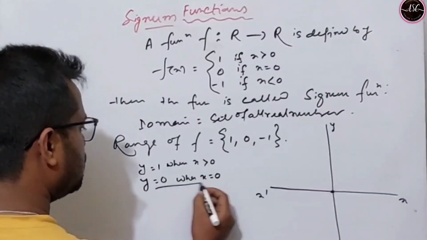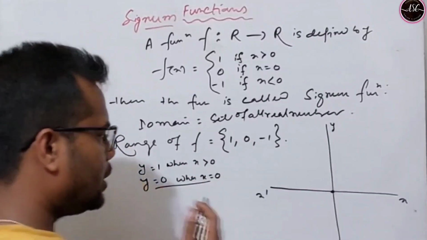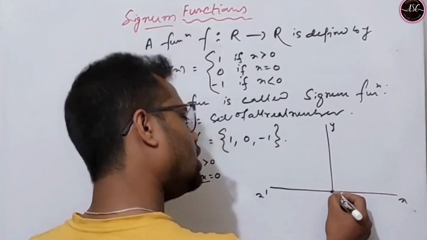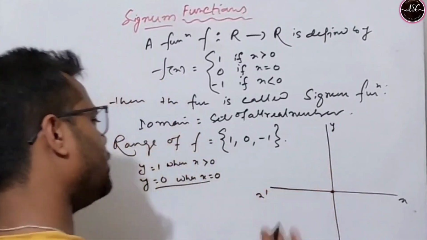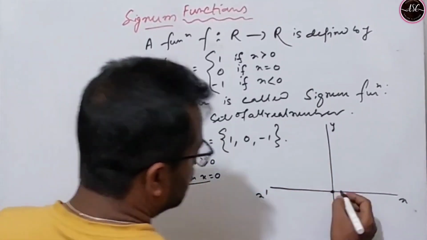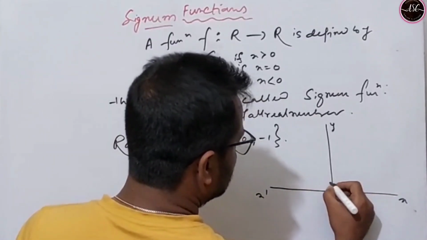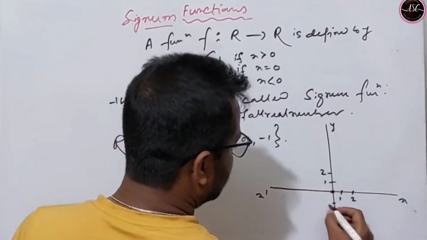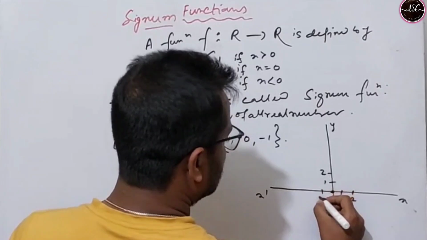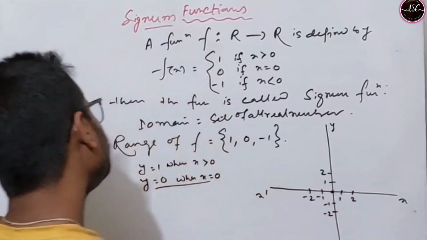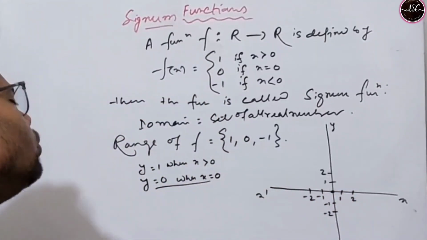So first do this, x equal to 0. That means here and y equal to 0. And from here, 1, 2, here 1, here 2, here minus 1, minus 2, and here minus 1, minus 2. Okay. So now y equal to 1.